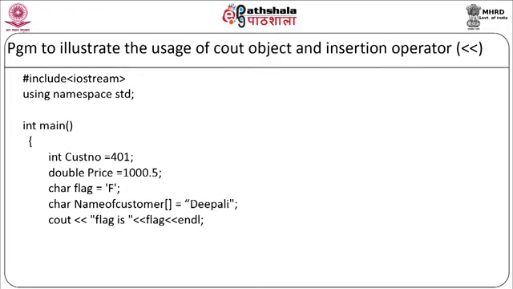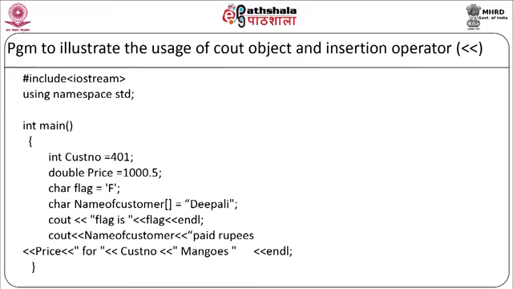Now the second cout statement is a big cascading cout statement. It is basically cout, the value of name of customer, then in double quotes the text "paid rupees", the value of price, again the text "for", the customer number value, and "mangoes" is again the text, endl, and our program will end.